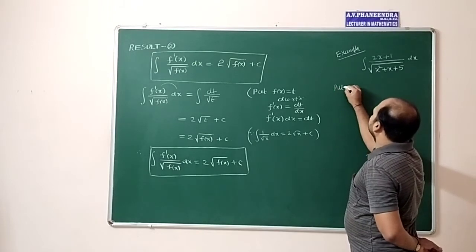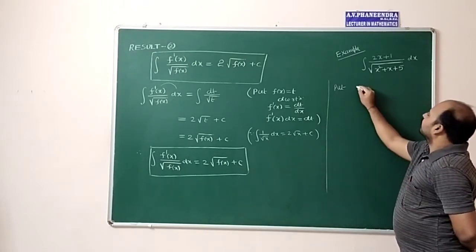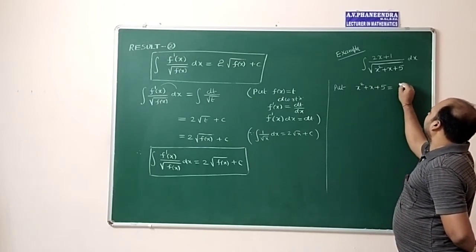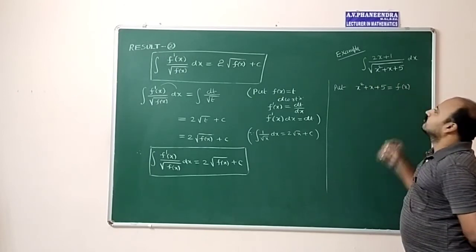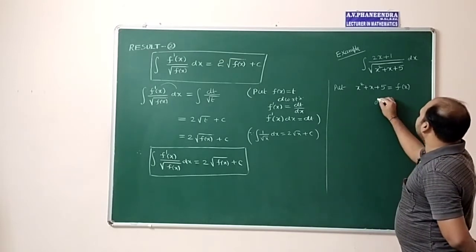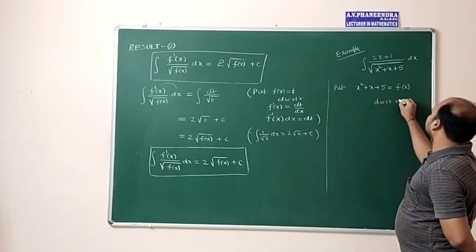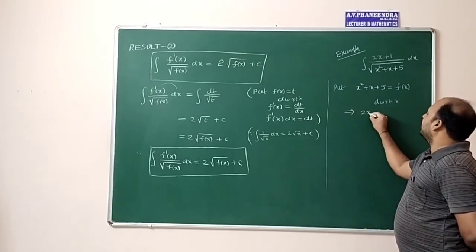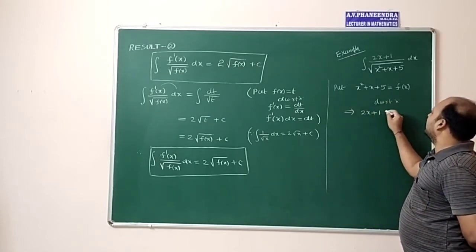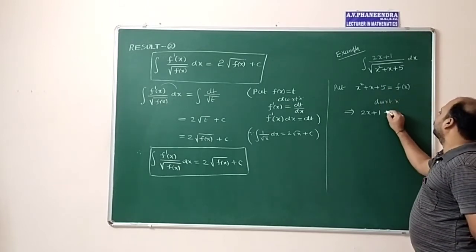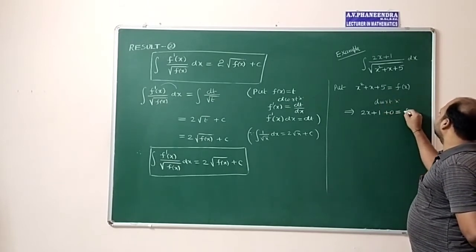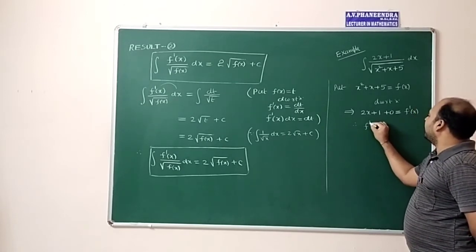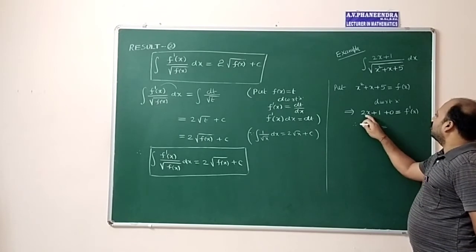Here put x square plus x plus 5 is equal to f of x. Differentiate with respect to x. So x square derivative is 2x, x derivative is 1 and constant derivative is 0, which is equal to f of x derivative, f dash of x. Therefore, f dash of x is equal to 2x plus 1.